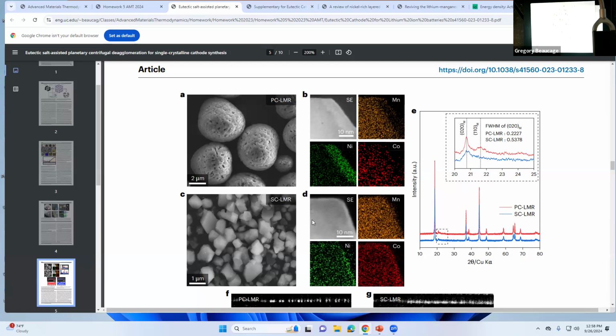And that weird alloy thing can make a rock salt structure, and that's a non-active phase. So all these anode and cathode materials are going to have something detrimental, and usually it forms at the interface. You don't want rock salt of that weird lithium oxide thing. If you get that, it kills the battery, right?